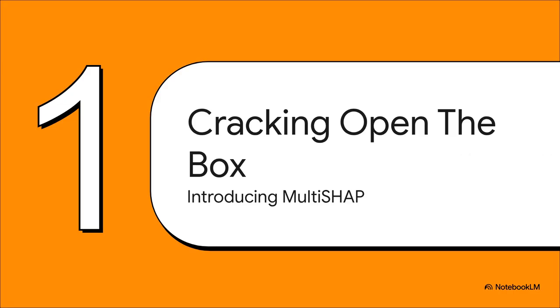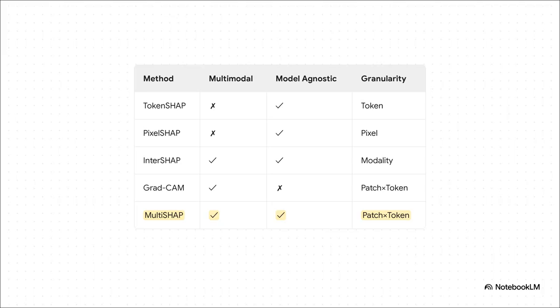Okay, so if we're ever going to use these amazing tools safely, we absolutely have to find a way to crack that box open. And that's exactly where this new framework called MultiSHAP enters the picture. Now, people have tried to explain AI decisions before, of course. But the old methods kind of fell short. Some were good with text, others were good with images, but they were pretty clumsy when it came to explaining how the two worked together.